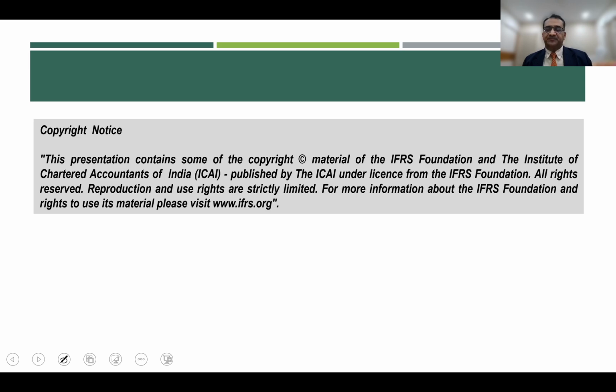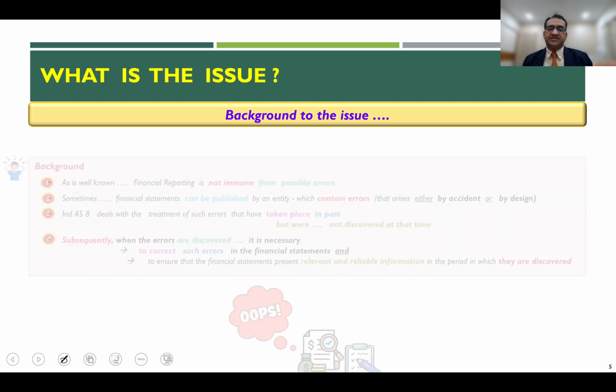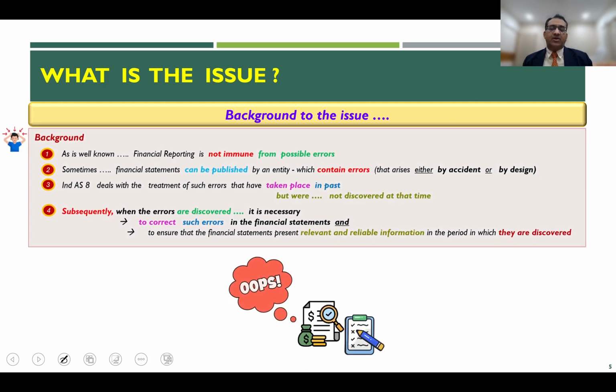into the topic. So just to set the context around prior period errors, as we all know, when a company prepares its financial statements, the financial reporting also is not immune from possible errors.